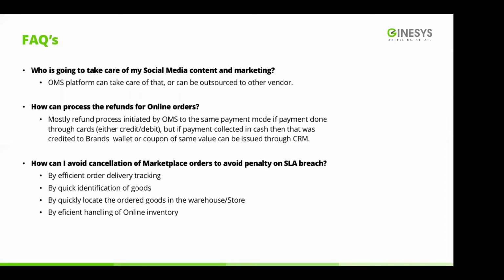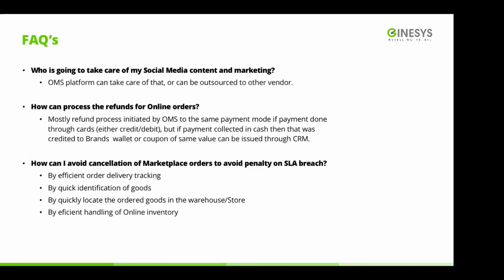Who is going to take care of my social media content and marketing? The OMS platform can take that, but it is up to you. You can outsource that to other vendors as well. How can I process a refund for online orders? Mostly the refund process is initiated by OMS to the same payment mode, if payment was done through cards, either debit or credit.